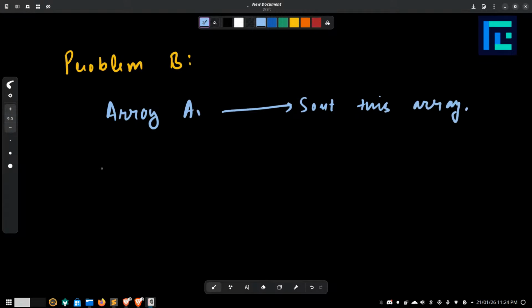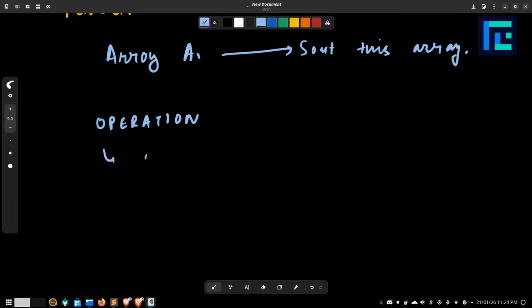And we can use the following operation to sort this array, and the operation is basically that we can pay i coins to sort a from 1 till i.